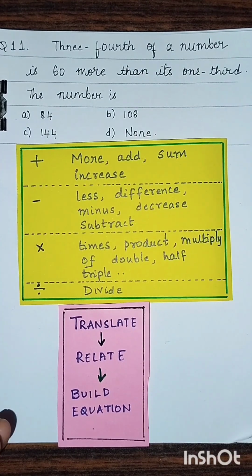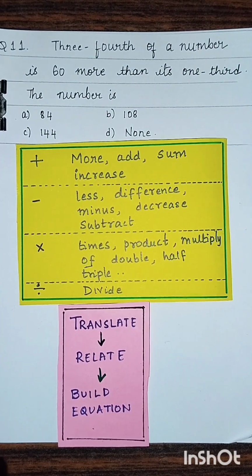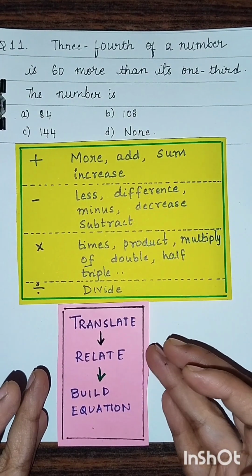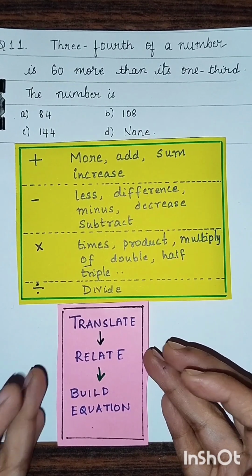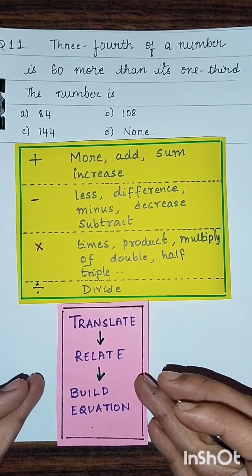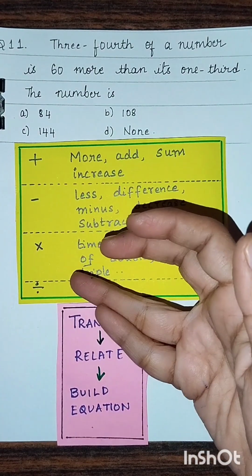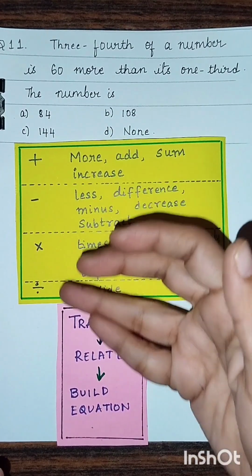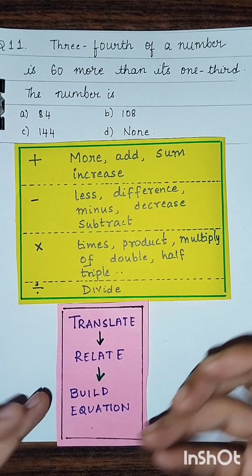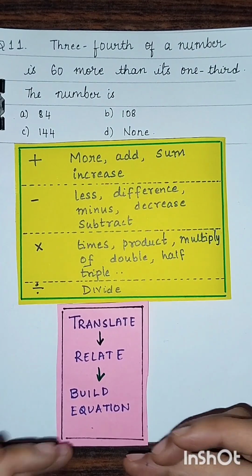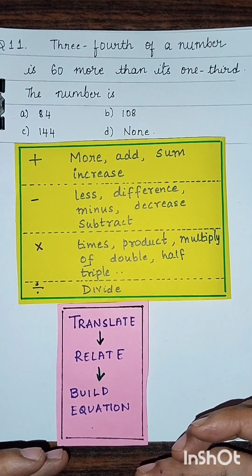Any question given to us, we will translate into the language of mathematics. We relate the terms, we relate the values using arithmetic operations, plus, minus, multiplication and division. We build the equation to get the unknown value.